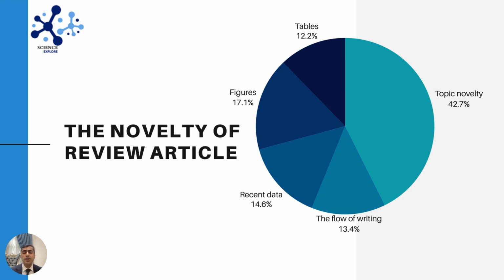Now, how can we increase the novelty for these sections? Of these 5 places, except the topic, all the others, such as tables, figures, the data and the flow of writing, can be seen in a specific place, which is called the subtopic.